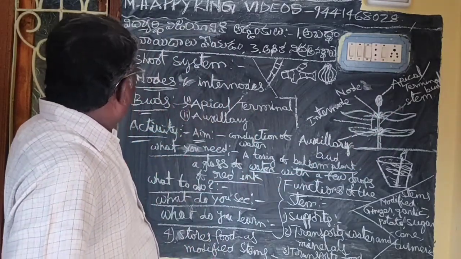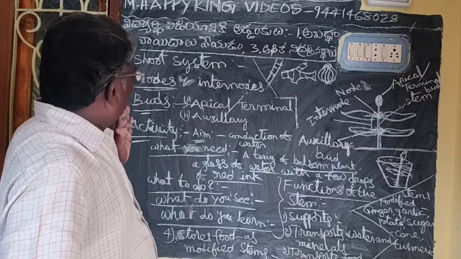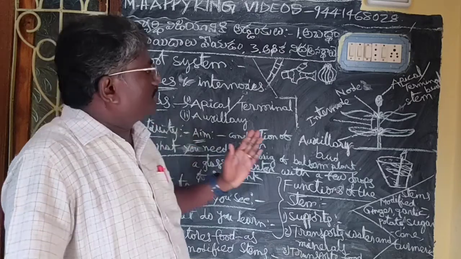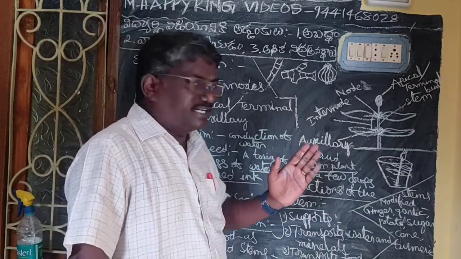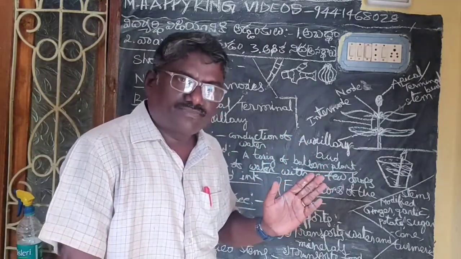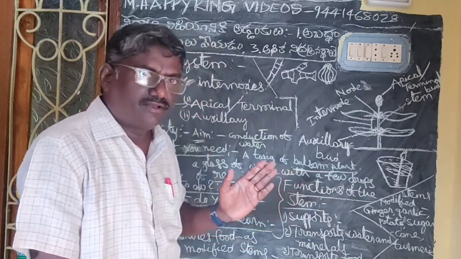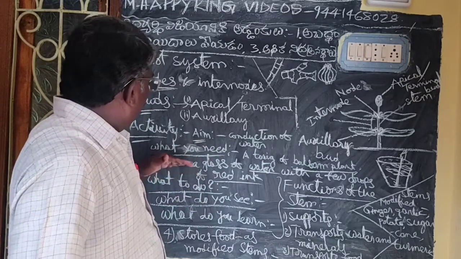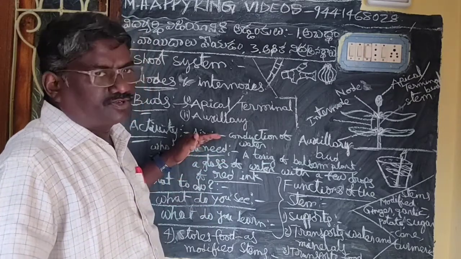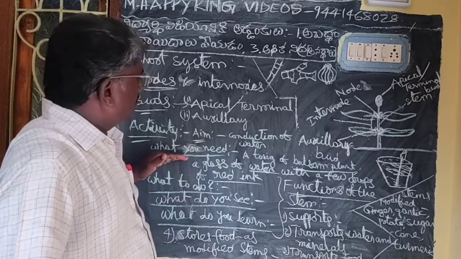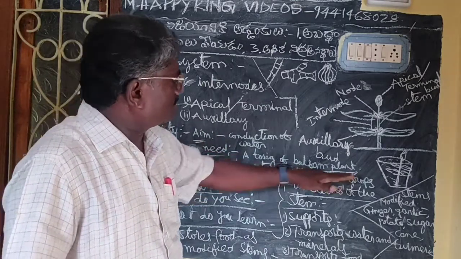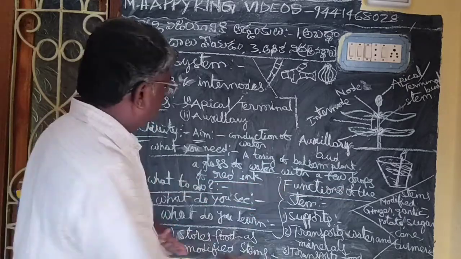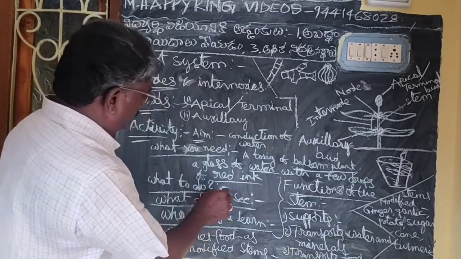Activity 4. This is the activity to observe the conduction of water by the stem from the soil or the root system. What you need? The aim is to observe. What you need: a twig of balsam plant, a glass of water with a few drops of red ink. What to do?